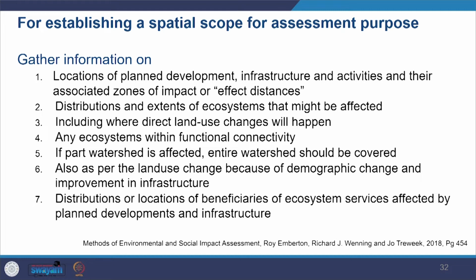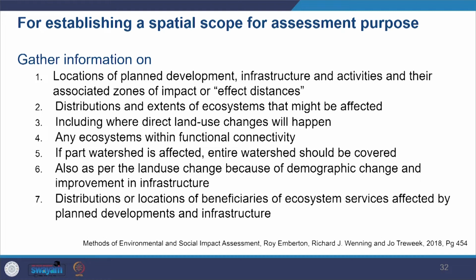Any ecosystem with functional connectivity. So how you'll be connecting to those ecosystems, where you have functional connectivity, you need to identify them. If part of a watershed is affected, you should cover the entire watershed. So if you see that part of the watershed is connected, there's a functional connectivity, then you should consider the entire watershed.